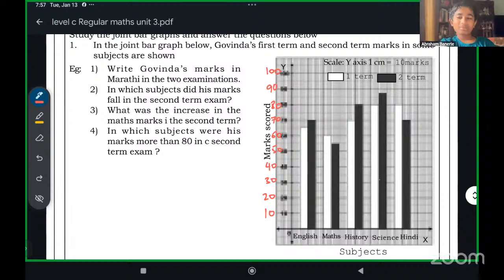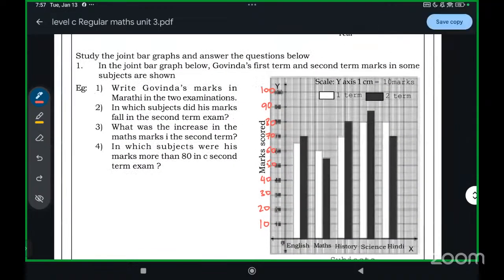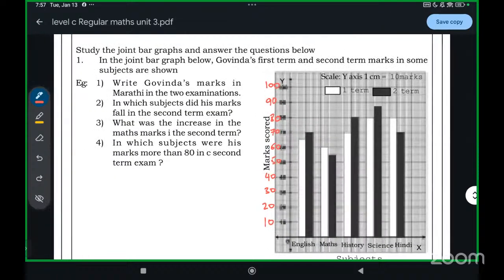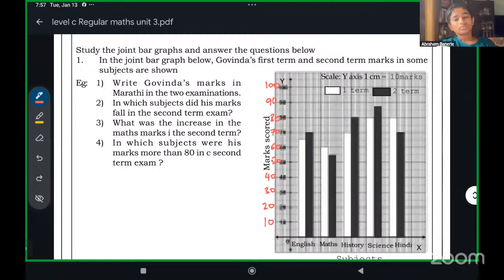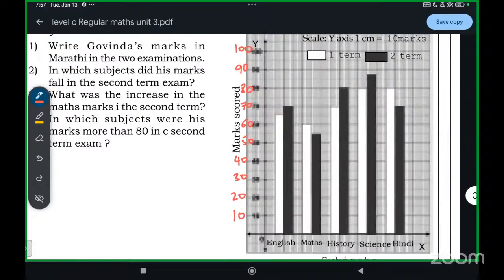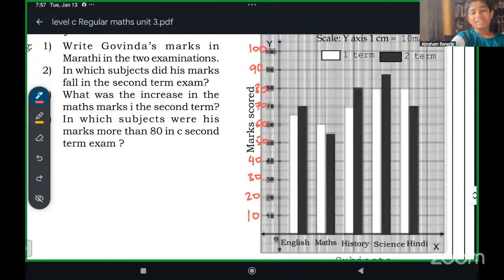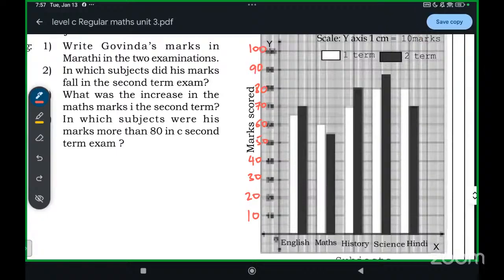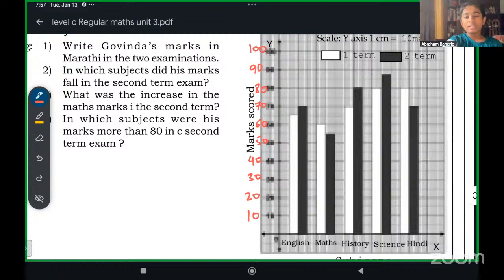He doesn't have a Marathi subject. Which subject did his marks fall in the second term exam? By the greatest or by the least? Both.